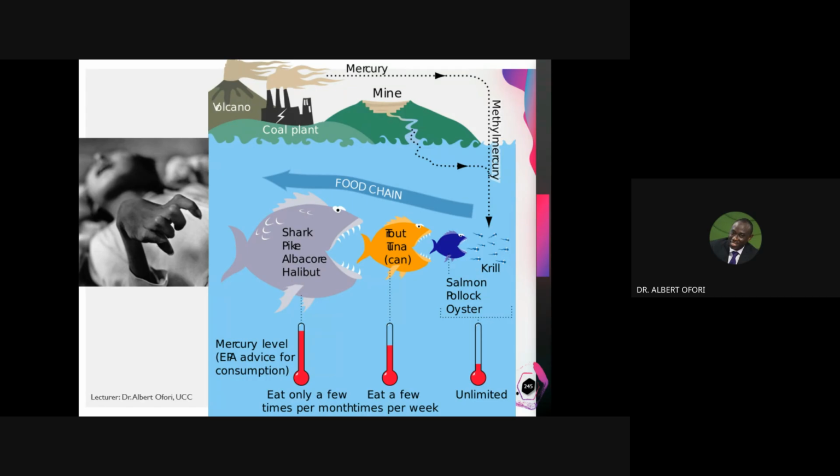I think they said that during that time, the victims who were affected were 2,200, but out of that 1,784 died, and then the rest survived. So this mercury poisoning is quite dangerous, and that's where we come in. We are saying that it's dangerous, but we are still mining with mercury.